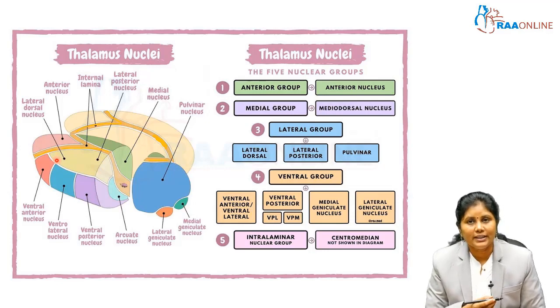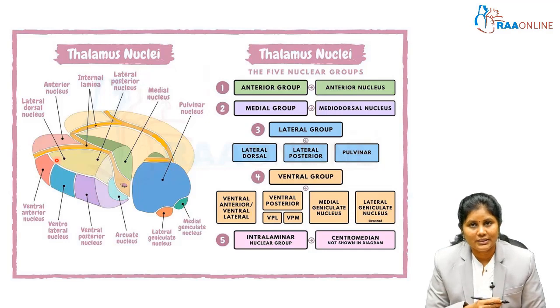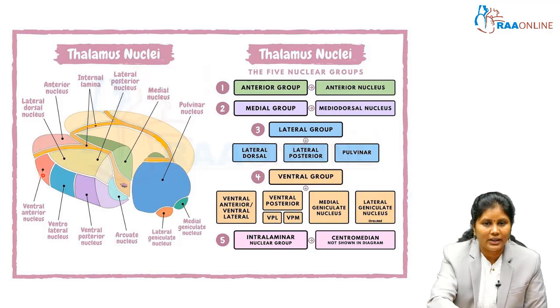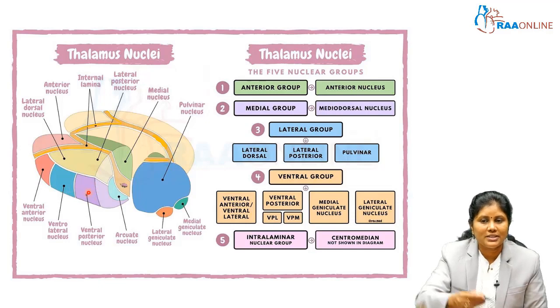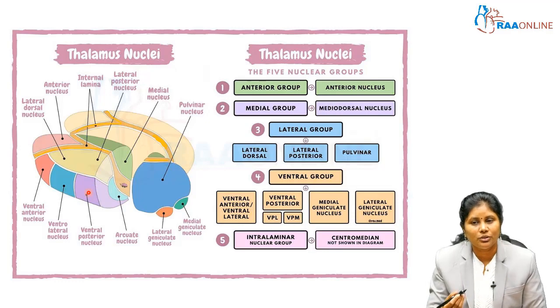Then we have the ventral group of nuclei, wherein very important nuclei are present: ventro-anterior and ventrolateral. This is the ventro-anterior and this is the ventrolateral nucleus. And then we have the ventro-posterior group of nuclei, which is again divided into ventro-posterolateral and ventro-posteromedial.